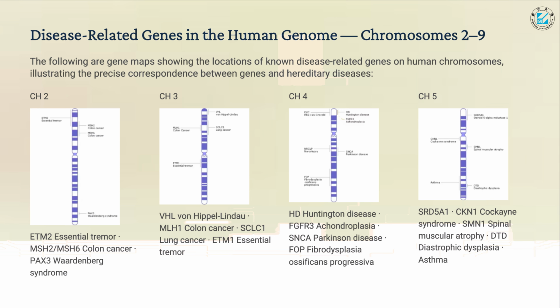The key message is that human chromosomes are not only structural carriers of DNA. They also present a map of disease-related genes. By locating genes on chromosomes, doctors and researchers can better understand inheritance, diagnosis, and disease mechanisms.